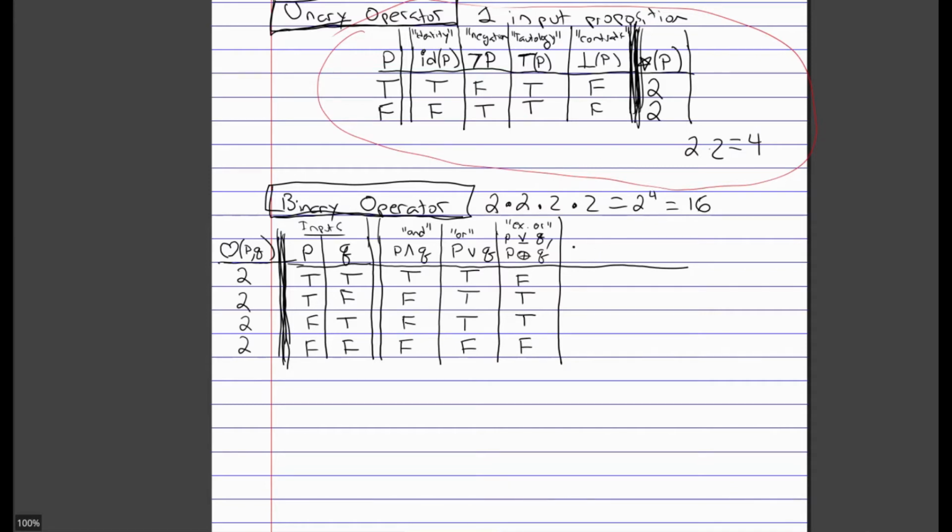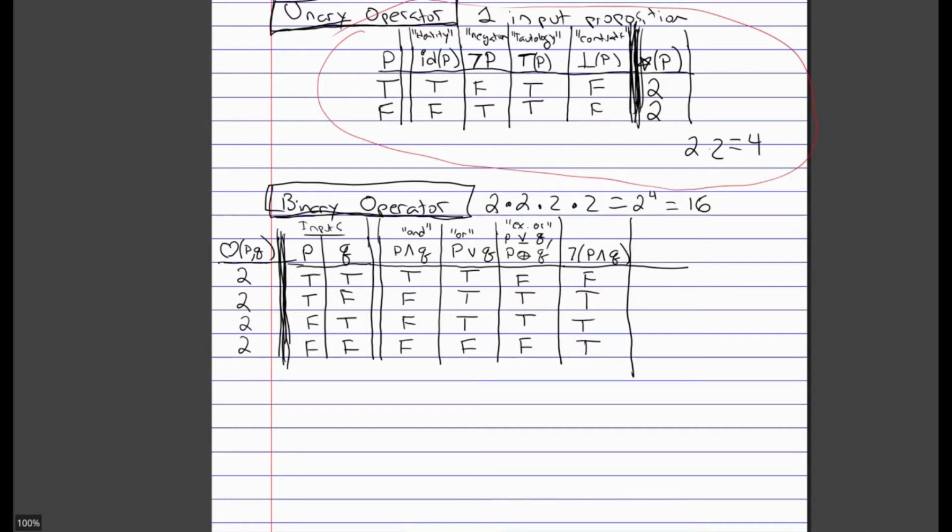For instance, if I wanted to write out the statement not (P and Q) using the truth table here, well, not (P and Q) is the negation of this column of the truth table, so it evaluates to false if P is true and Q is true, and it evaluates to true for the other rows because the negation of each of those is true.